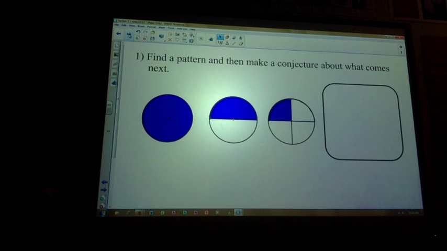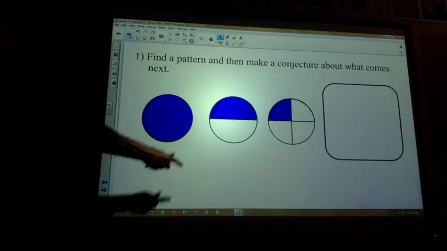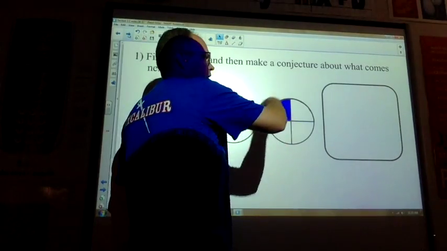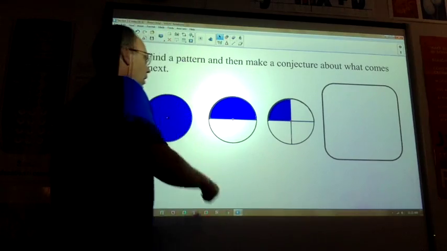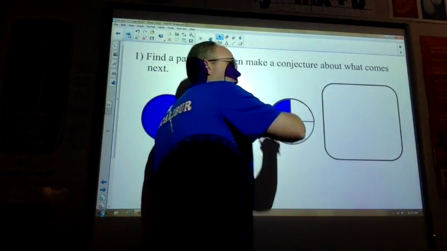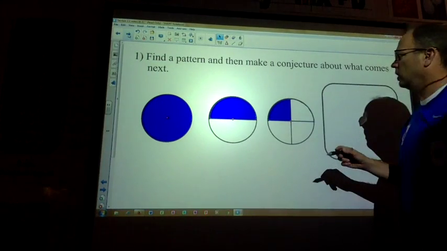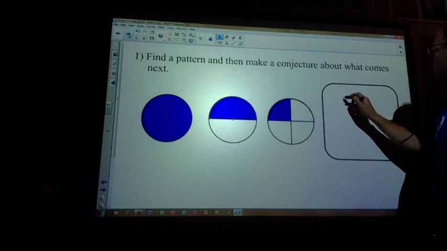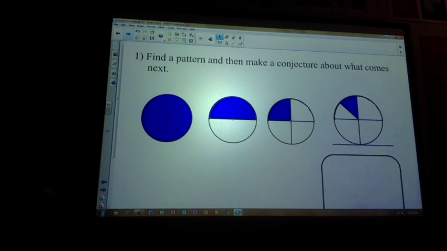Find a pattern and then make a conjecture about what comes next. So I had the whole thing blue, then I had half blue, and then I had how much blue? A quarter. So I went from 1 whole to 2 halves to 4. What's the next? Do I have 1/8? Oh, yeah, look at that.